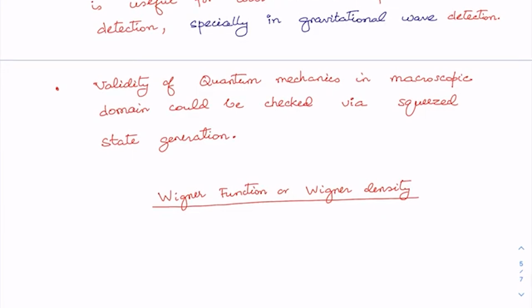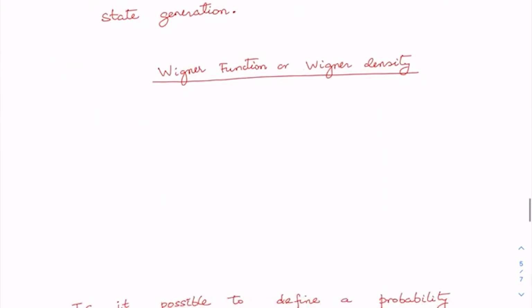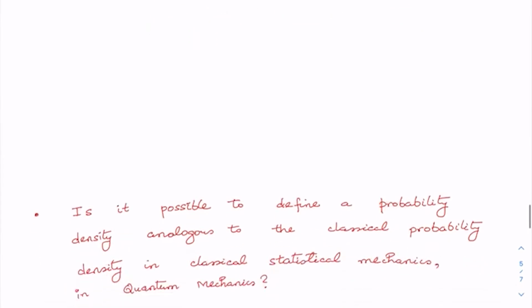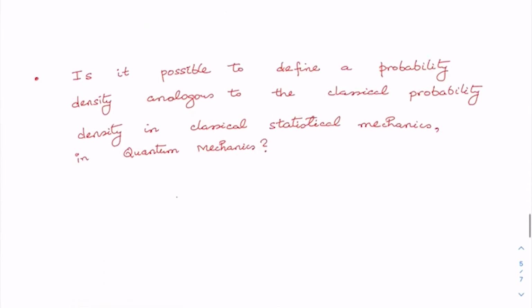The idea of the Wigner density or Wigner function originated from this question: is it possible to define a probability distribution or probability density in quantum mechanics, analogous to the classical probability density of classical statistical mechanics? This is very desirable, because if we want to describe the classical limit at high temperature, it is going to be very useful.